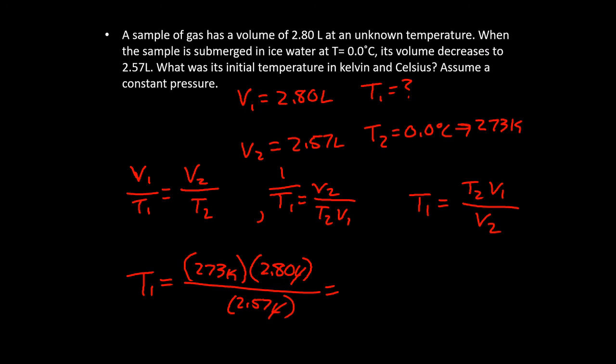So 273 times 2.8 divided by 2.57. That gives us 297.4 Kelvin. Which, if we convert that into Celsius, which we would do just by subtracting 273, that is 24.4 Celsius.